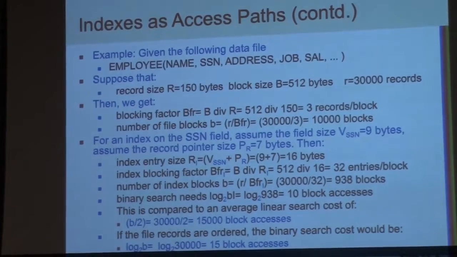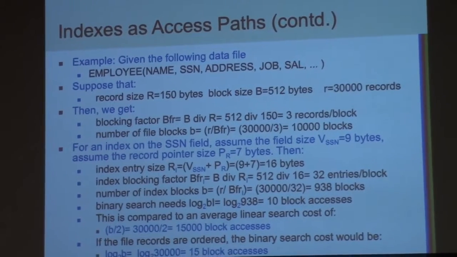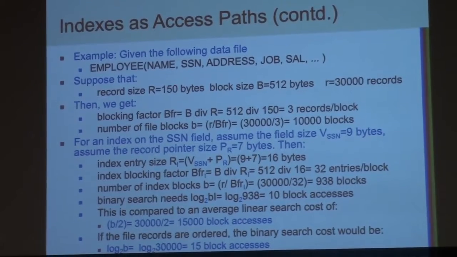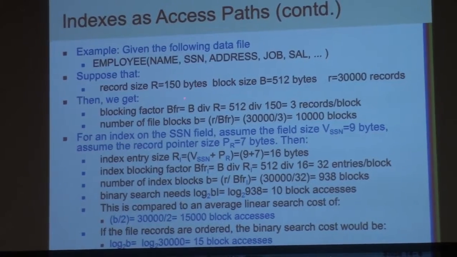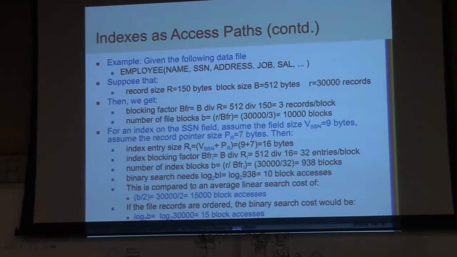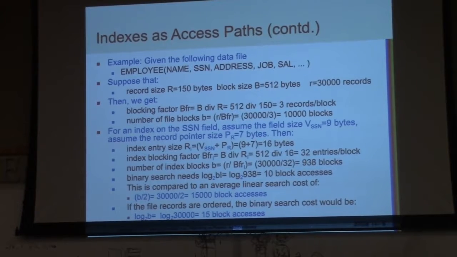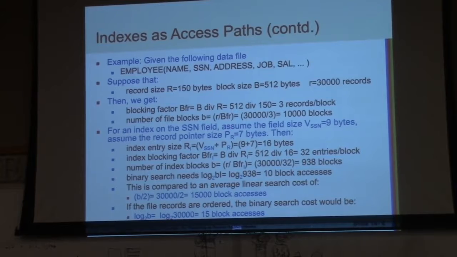I'm not sure whether this is fixed or average, but we can use the given information. In a real DBMS, where can you find this kind of information? The catalog database. The catalog database is a metadata source, so you can find all this information from the catalog.